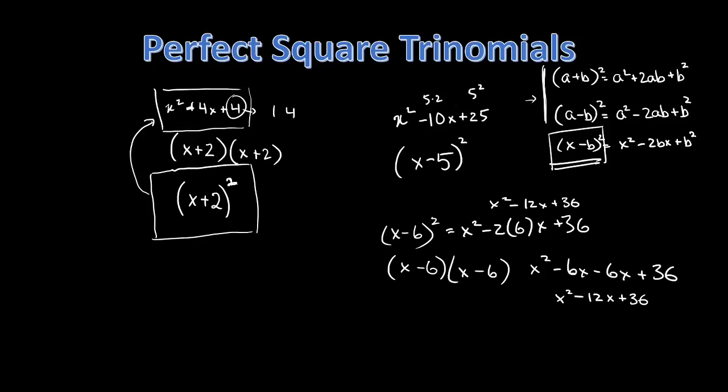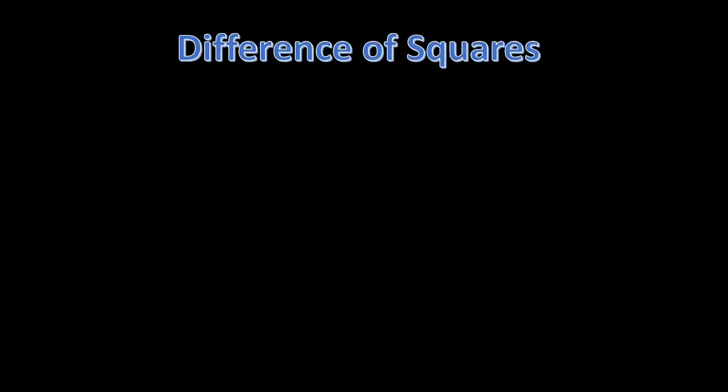Alright, our next thing we're going to talk about is the difference of squares. It's pretty straightforward, just based on the name. The formula is a squared minus b squared is equal to a minus b multiplied by a plus b.